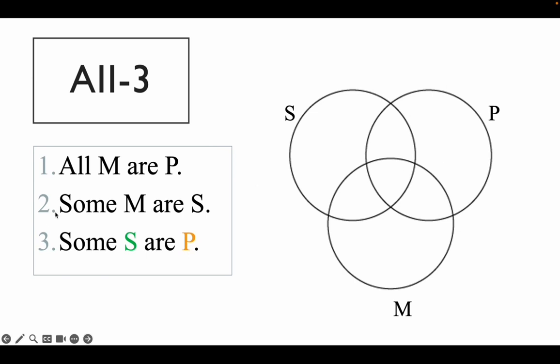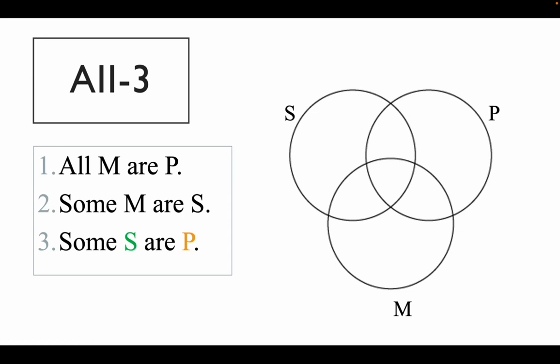If I start, for example, from some M or S, I know that I need to place an X between S and M. But as you can see there are 2 possible places, one here and one there. Now you might be thinking, well, what's the problem? Well, the problem is that if I place an X right here, in this area here, I also thereby diagram something else.